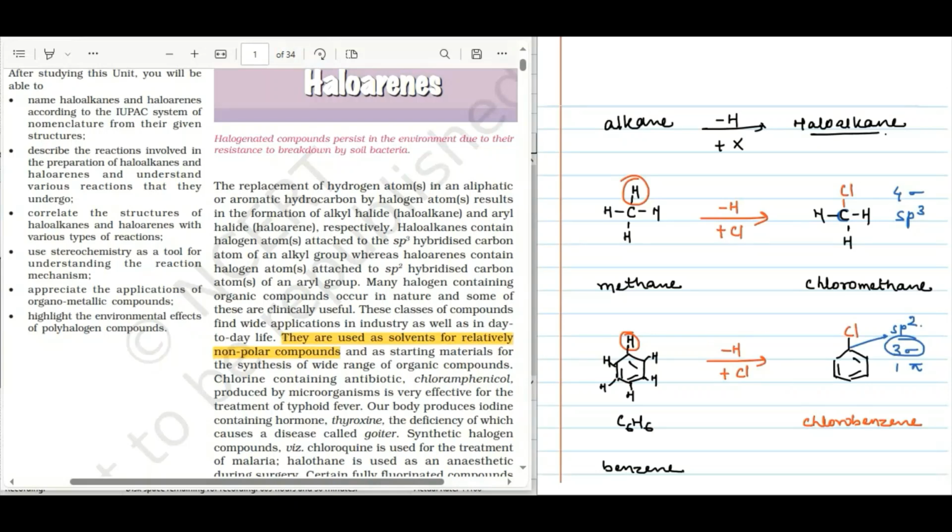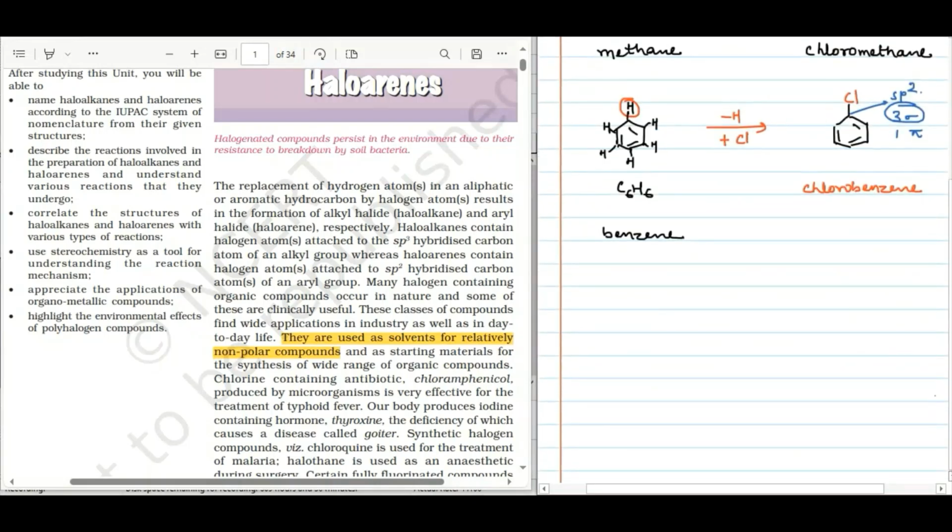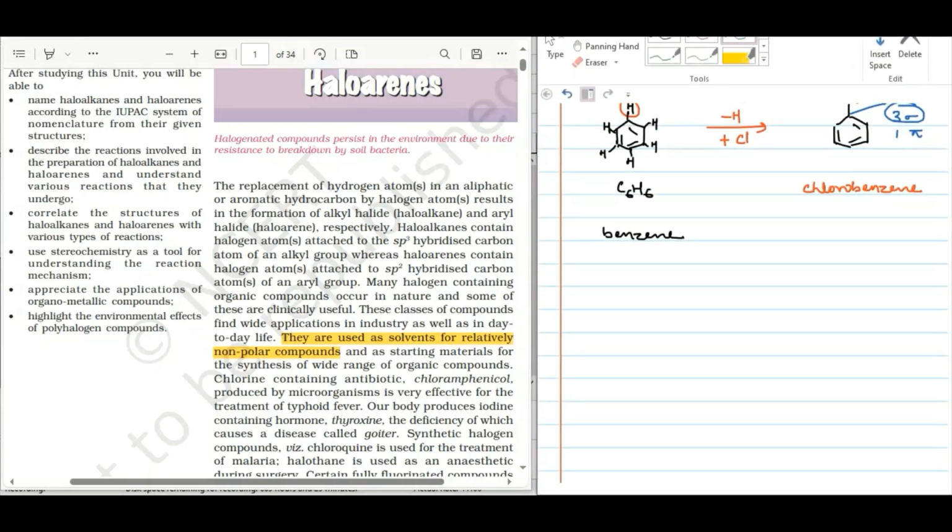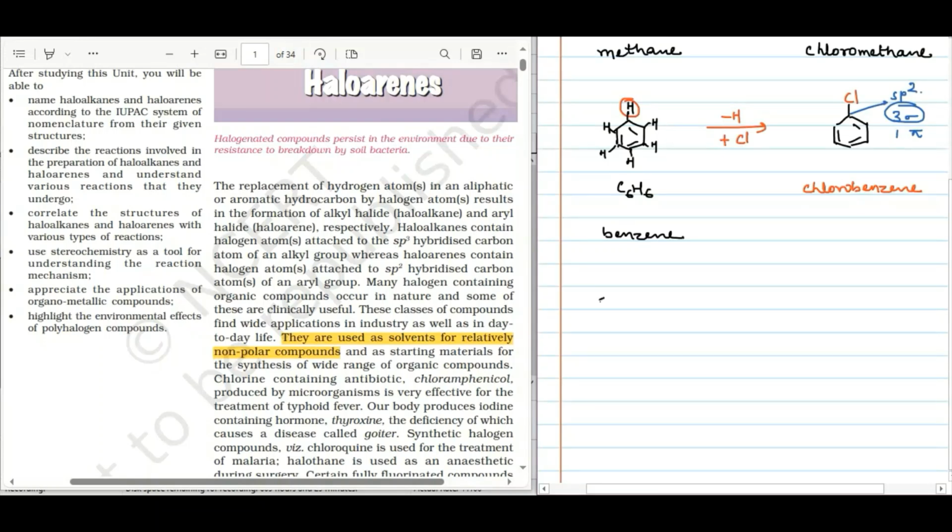Why are they used as a solvent for non-polar compounds? So let's see. This is the representation of alkyl chain, and here there is chlorine. In the carbon chlorine bond, there is a difference in electronegativity. As there is difference in electronegativity, the carbon halogen bond is polar in nature. But what about the rest of the chain?